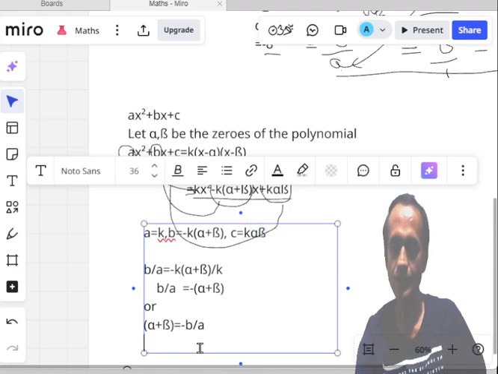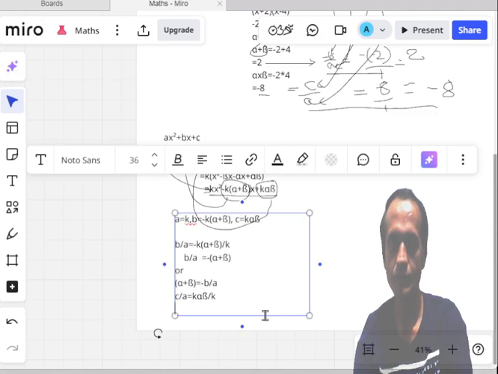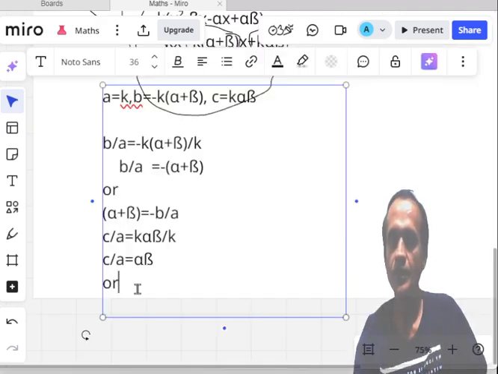So if I divide c by a, then what do I get? k. So I get c by a is equal to alpha beta.